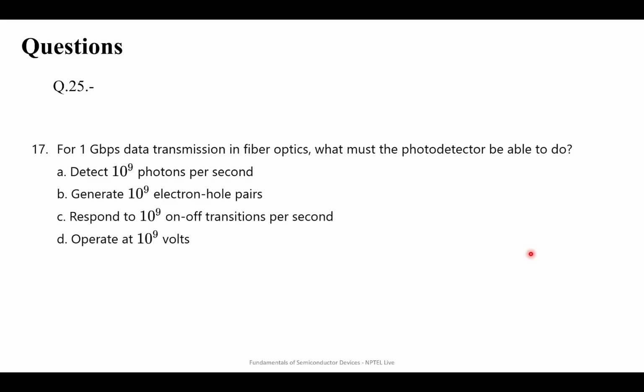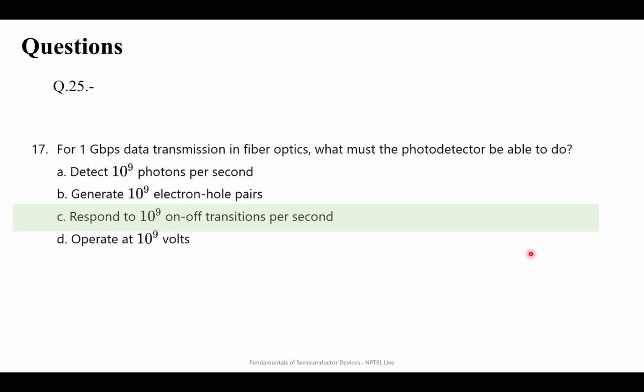For 1 Gbps data transmission in fiber optics, what must the photodetector be able to do? Detect 10^9 photons per second, generate 10^9 electron-hole pairs, respond to 10^9 on-off transitions per second, or operate at 10^9 volts. The response to 10^9 on-off transitions per second. That is correct. Sir, you say that to turn on and off faster, a higher number of bits are detected. Yes.